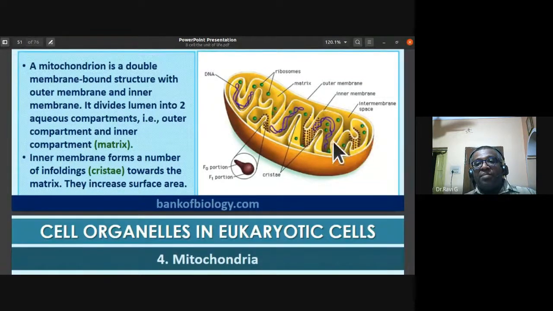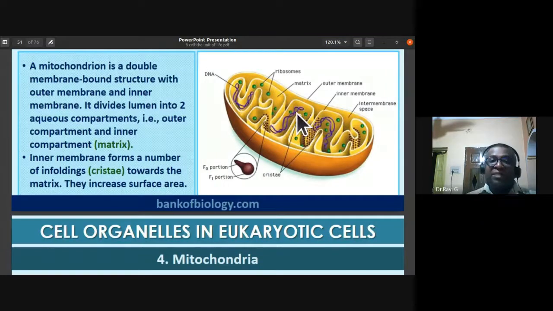Only the inner compartment has the matrix. The outer compartment is a space, which we call the intermembranal space. So the inner membrane folds to form numerous finger-like infoldings towards the matrix, and they increase the surface area.